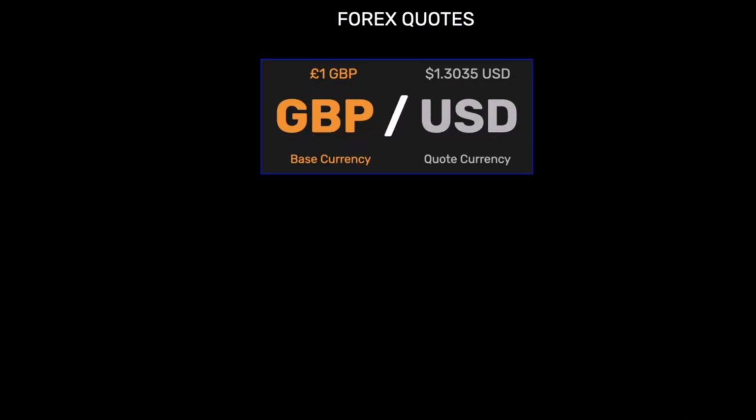So the base currency on the left, in this case the pound, no matter what, always has a value of 1. So for this example, if pound dollar is quoted as 1.3035, what this essentially means is that £1 is equal to 1.3035 US dollars at that point in time.